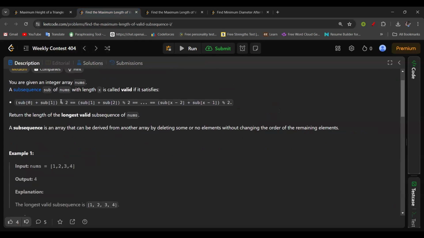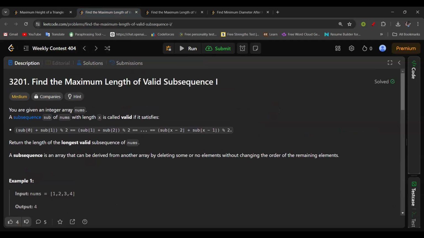Now, in the second problem, you are given an integer array nums. A subsequence sub of nums with length x is called valid if it satisfies this.